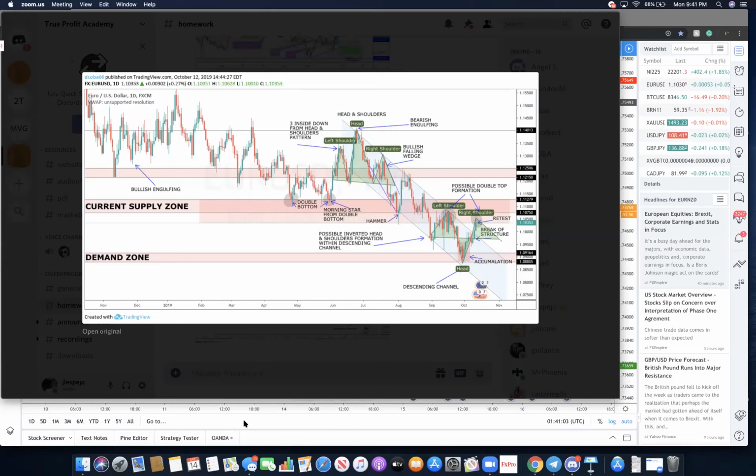What I'm looking for is that if that was the setup I took, I entered at a good area where I was not in drawdown, right? So let's say I was entering for a buy here. My goal is to always enter after the close of the hammer, or the closure of the engulfing candle. And if this was my entry here, and my target was up here, then I hit that target clean. That's my goal.